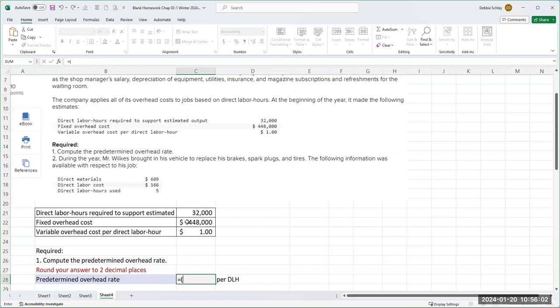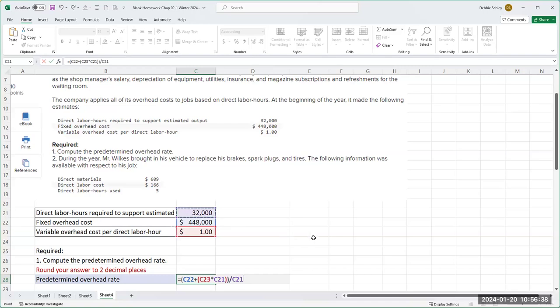So the fixed is A plus, open another parentheses, the variable cost, which is B, times X, the direct labor hours, close one parentheses, close another parentheses, divided by the estimated direct labor hours.